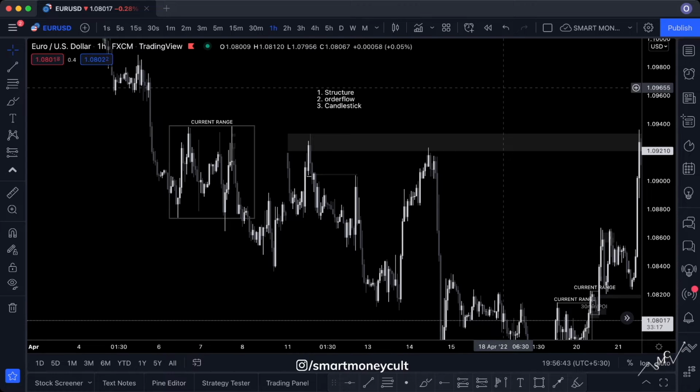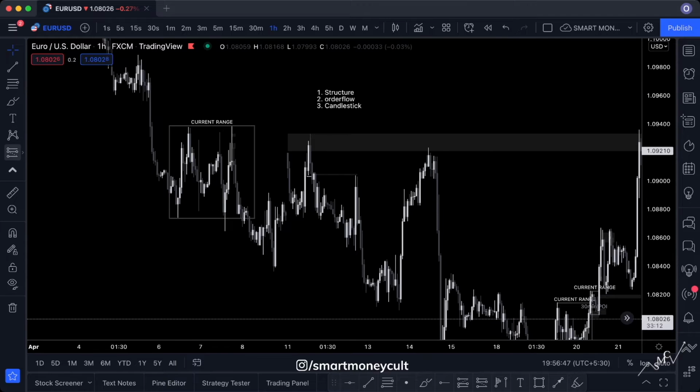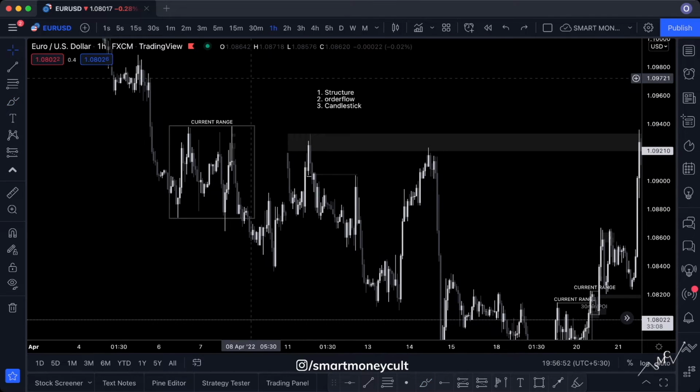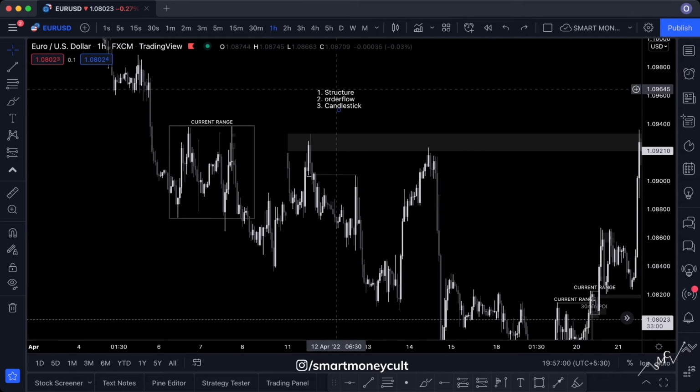You can't just use structure to trade, then you're going to be caught up in all these huge trades and huge ranges where you'll have to wait for days to get your setup or days for your trade to work out. So what you do is you combine structure with order flow.